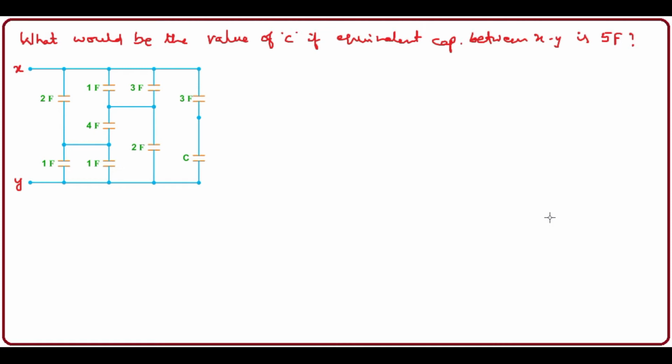First we will see the problem. What would be the value of C if the equivalent capacitance between X and Y is 5 Farad? The capacitors are connected in this way.